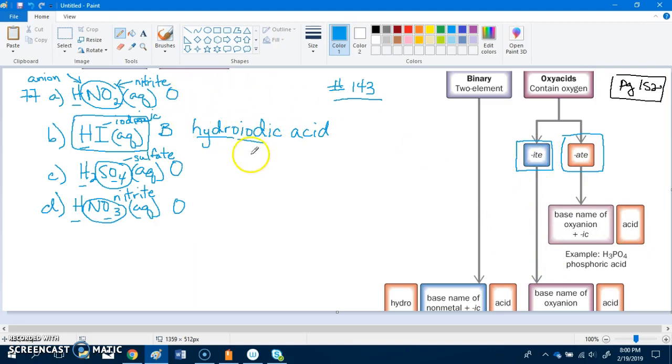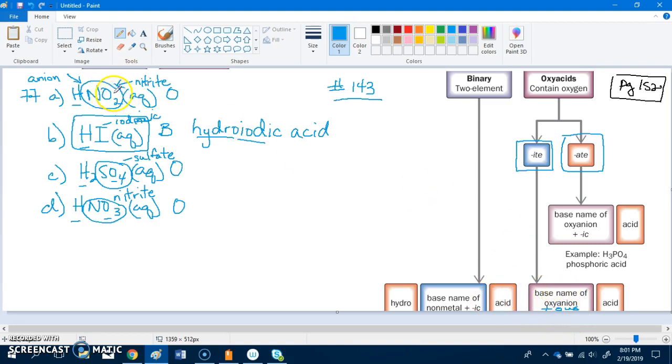I'm actually missing a little bit of the diagram at the bottom. This should be plus ous. So ite becomes ous and ate becomes ic. Just watch out for that.